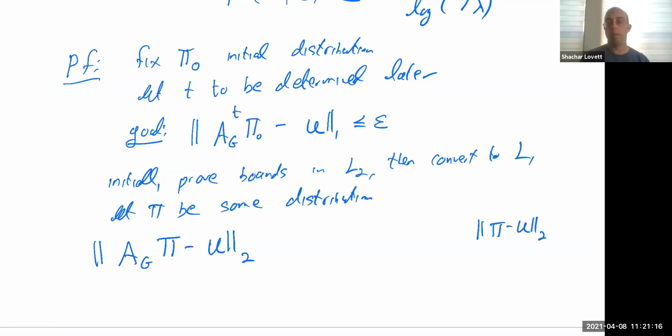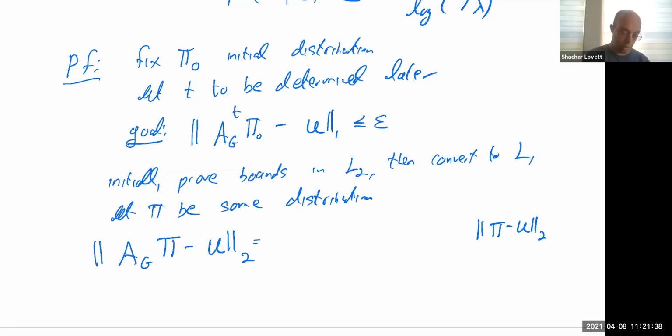I have initially some distribution pi that has some distance from uniform, but I'm using the L2 distance to measure it, not L1. I really care about L1, but I'm using L2 as a proxy. And I'm taking a single step with my expander. How does it contract the L2 norm? That's the first thing we're going to try to understand.